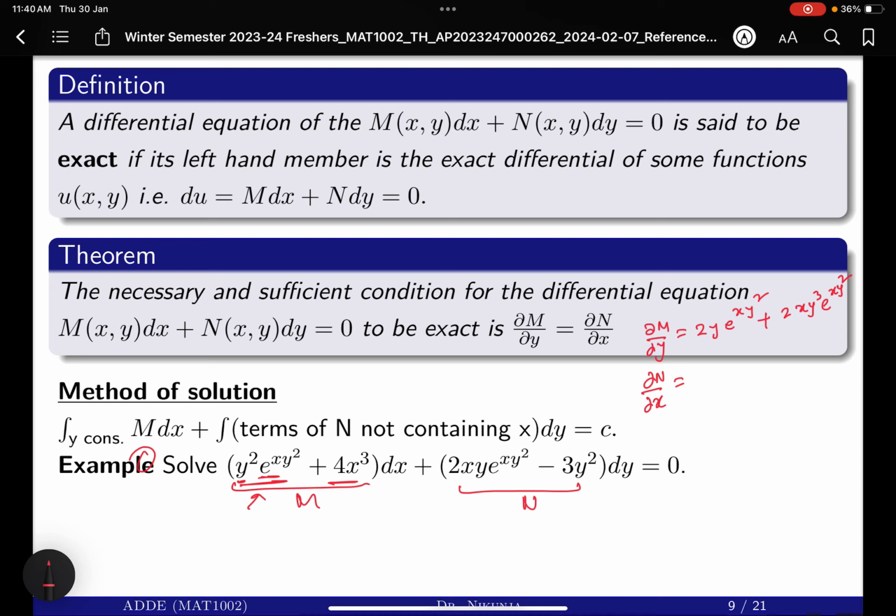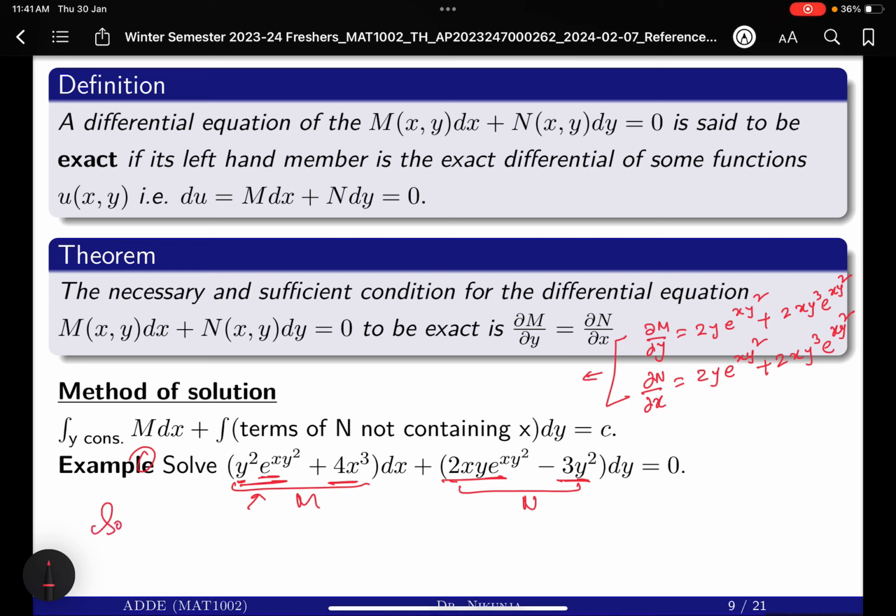And del N del x, this second part will give you 0, and the first part, again the product rule you need to apply, 2y e power xy square plus 2xy cube e power xy square. So basically both are the same, which means this equation is exact.